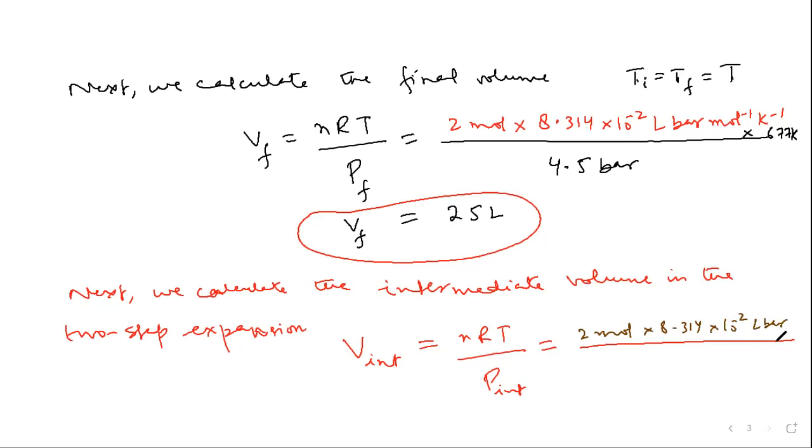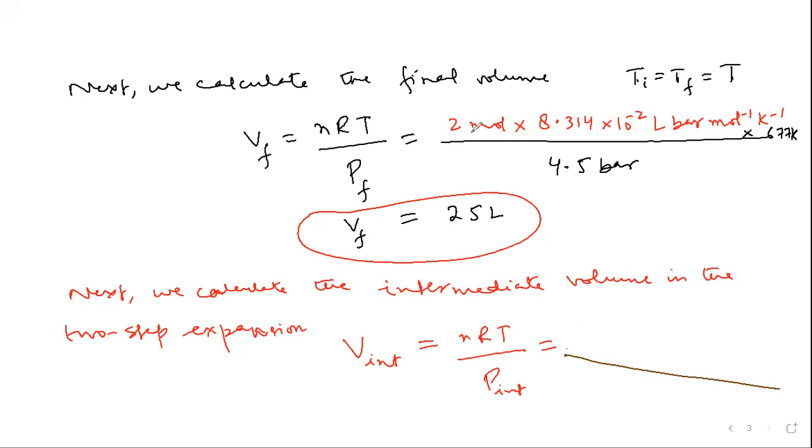So I don't have space here, so I will write it another way. Make this a little bit tilted line. Now I substitute the values.